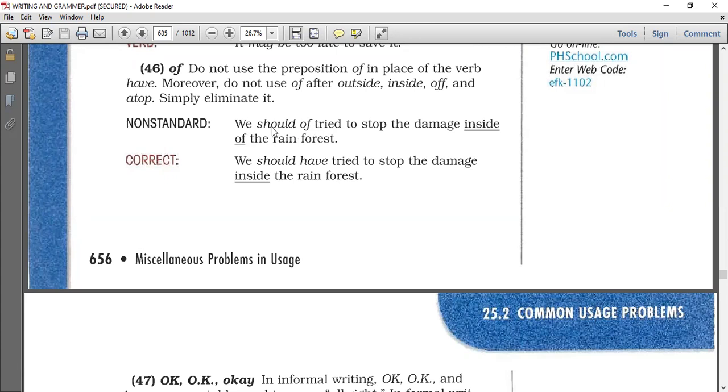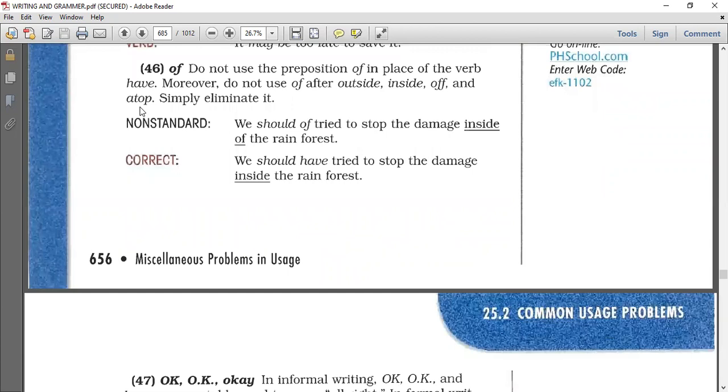This is wrong. We should have tried to stop the damage inside of. Inside can never be followed by of. Again, guys, do not use of after outside, inside, off, or atop.